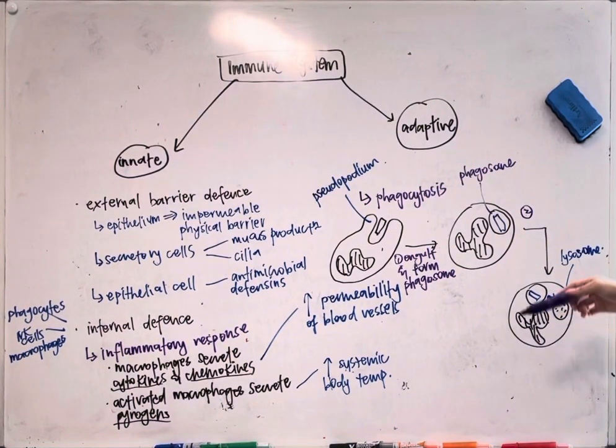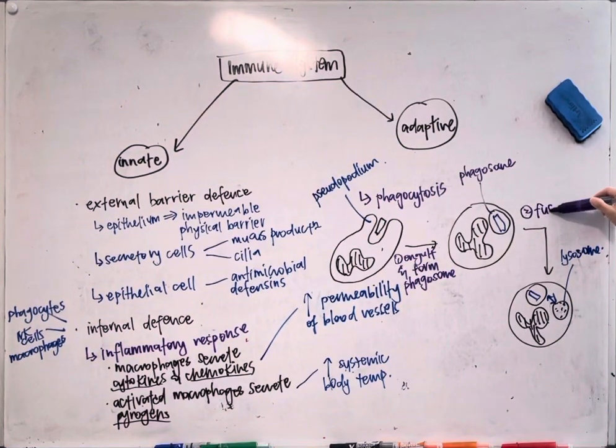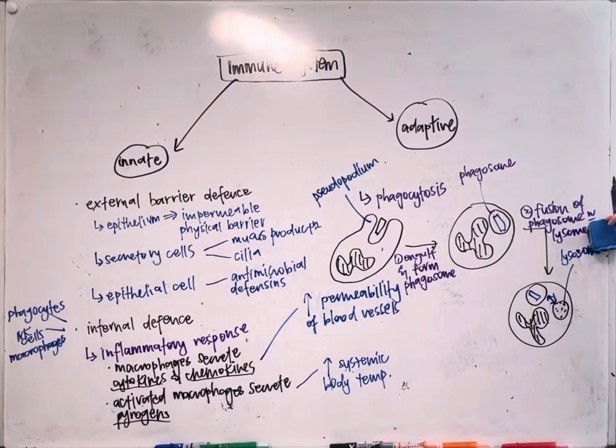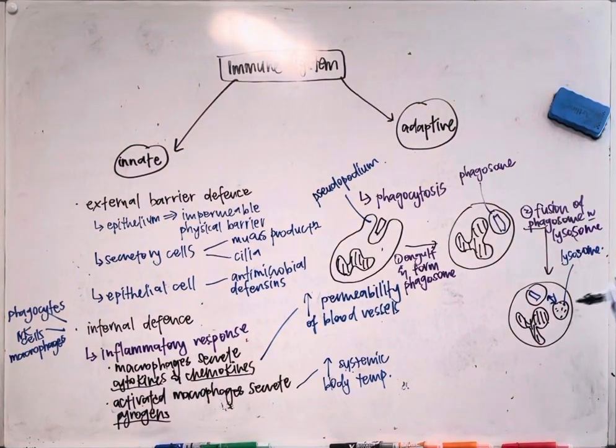What is this called again? And then, what is this called? And then they undergo what? Fusion. Yes, so the second one is fusion of phagosome with lysosome to form what? Can you tell me, after we've fused, the name, a very generic one?